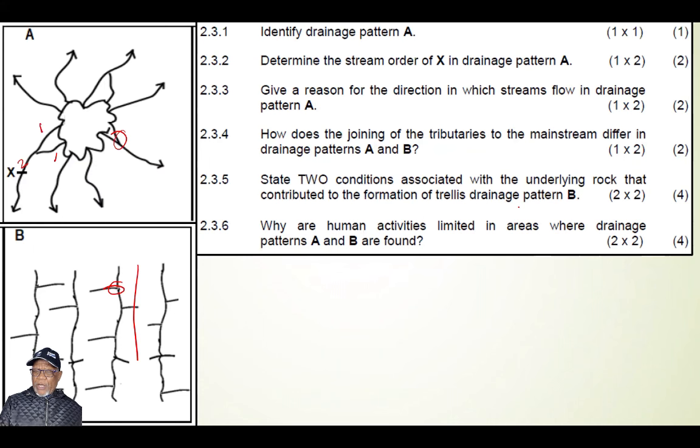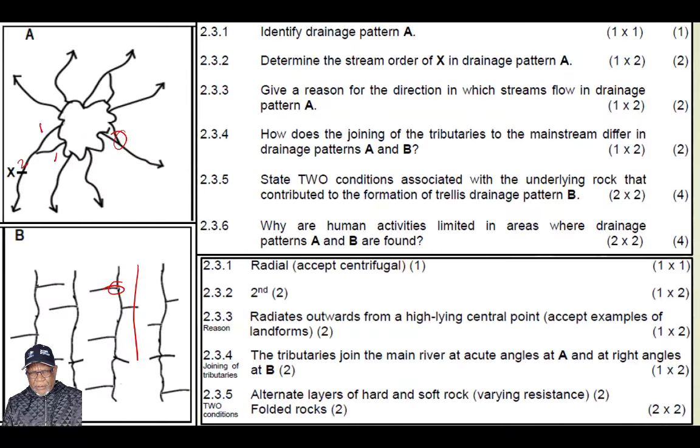And it says, why are human activities limited in areas where drainage patterns A and B are found? Why are they limited? Number one, they are found where the areas are steeper. Number two, it is not easy to build in those areas. So it is steeper area with difficulty to build.